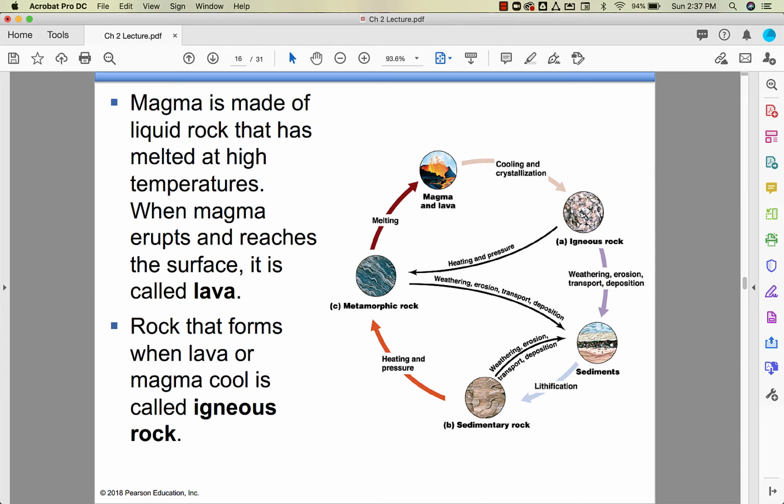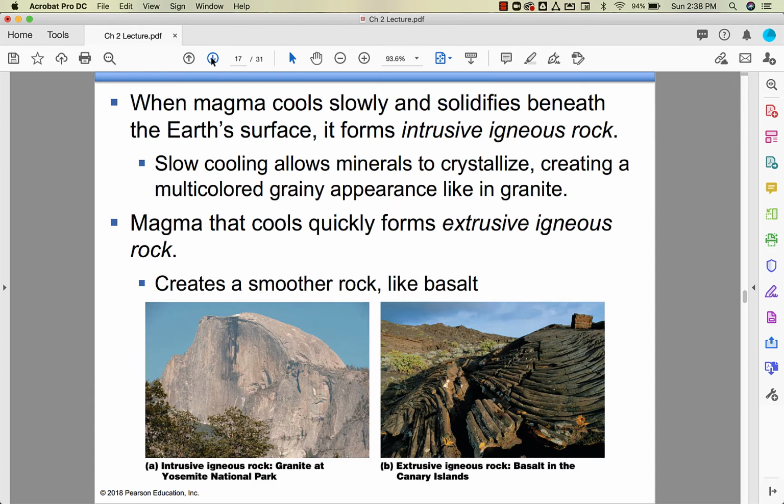You get sediments, little bits, sand, dirt, mud, gravel, stone, anything like that. Those are considered sediments, those little pieces. They get exposed to some kind of pressure, not a whole lot of pressure, okay? Or they have some kind of natural cement that forms them, and they lithify, meaning turn to rock, and become sedimentary rocks.